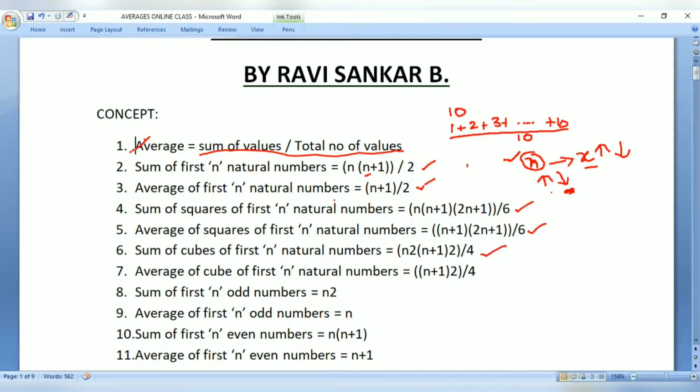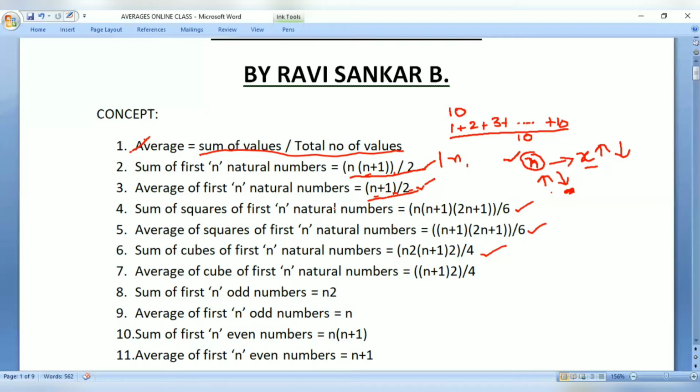Similarly, if you are asked to calculate the average of n natural numbers, so here it is sum. If it is average, what you need to do? We divide this value by n, so that this n and this n cancel, and n plus 1 by 2 remains. So that is how the average came.